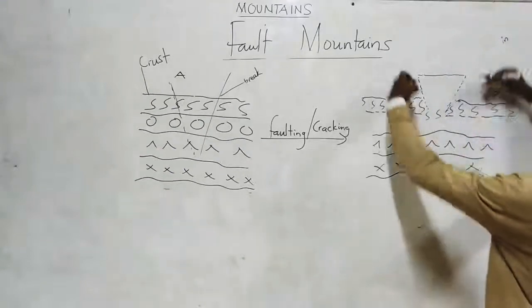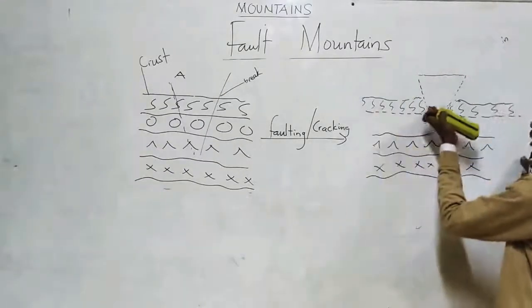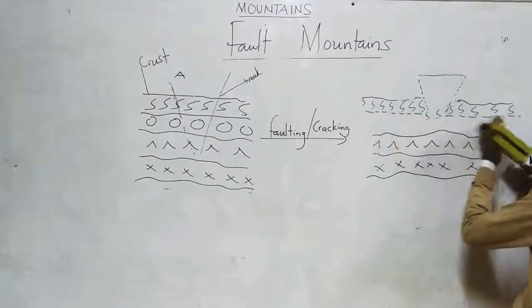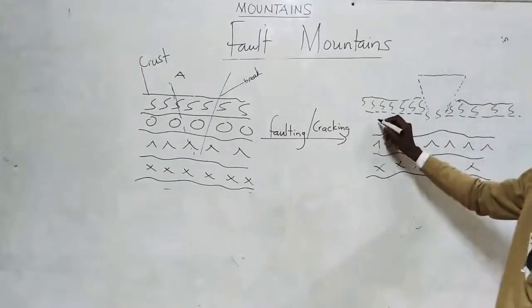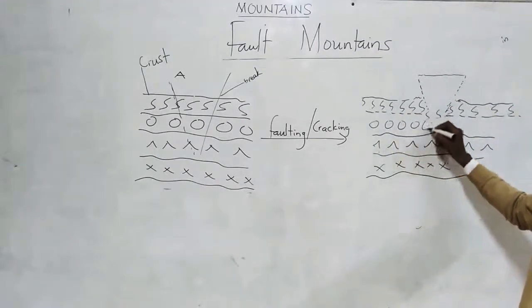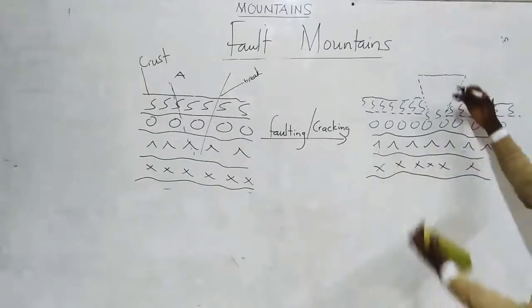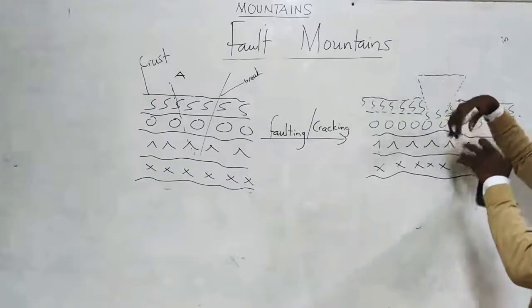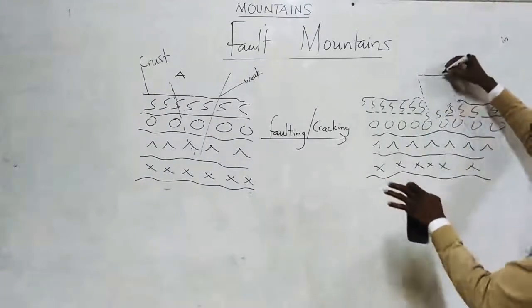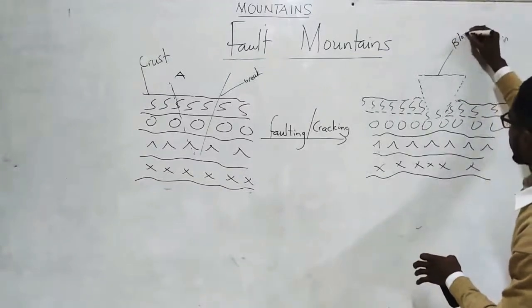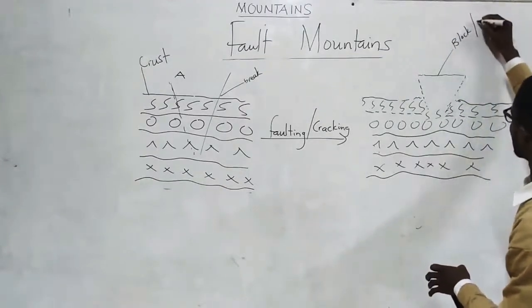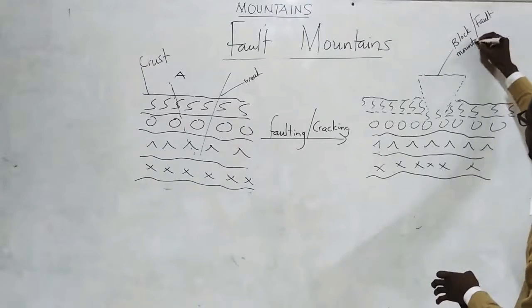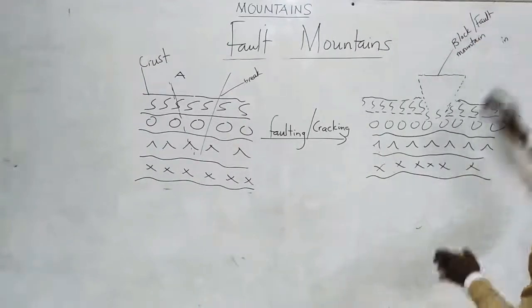So instead of it coming to this level, the crack has caused the weaker layers on this side and this side to fall within. As it falls within, it leaves the middle block standing as an exposed standing block. So this becomes the block or fault mountain.